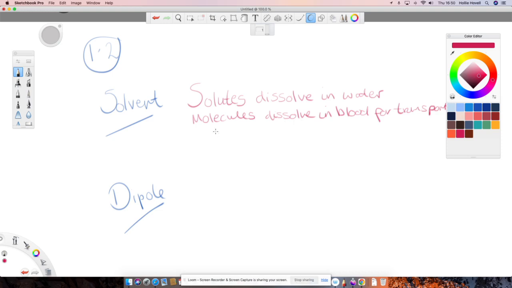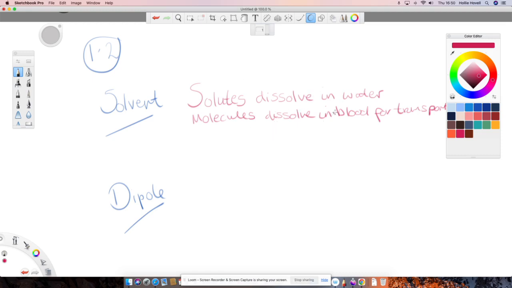In animals, we're talking about molecules dissolving in blood to be transported around the body. So for example, oxygen, carbon dioxide, things like that. They'll dissolve in the blood, they can be transported around the body, get to where they need to be.